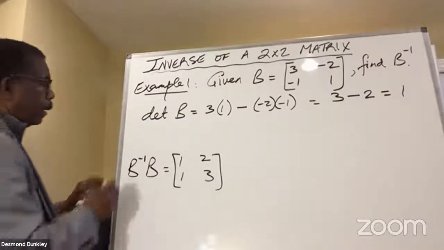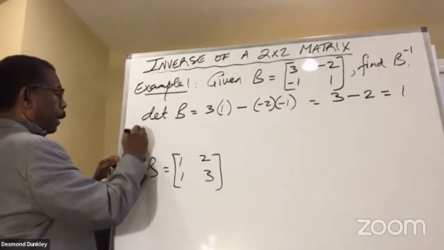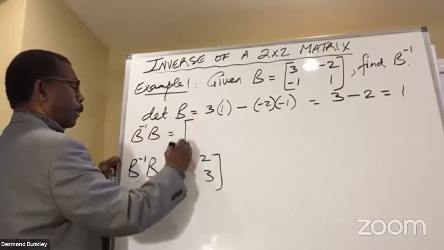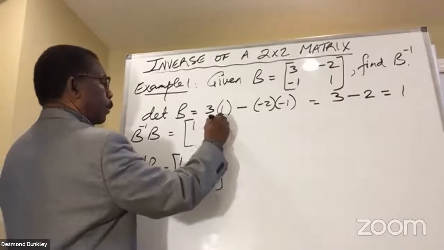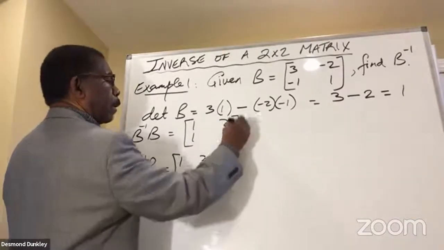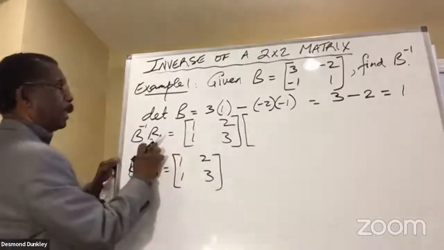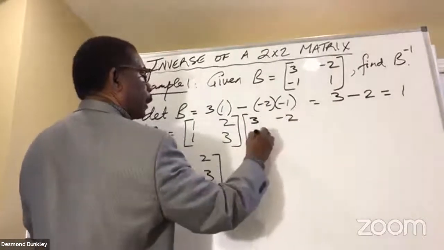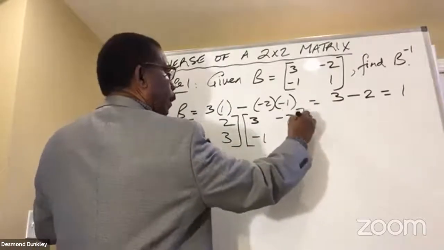Okay, let me bring this up further. So b to the minus 1 times b is going to be equal to 1, 2, 1, 3 times b, which is 3, -2, -1, 1.